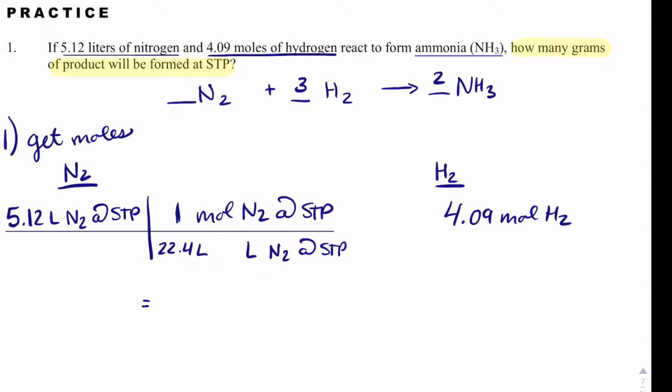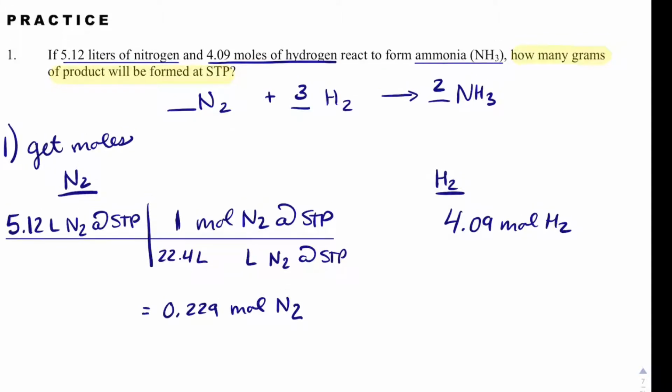So when I math that out, I get 0.229 moles of nitrogen. And right now, I have less nitrogen compared to hydrogen, but that doesn't tell me that nitrogen is going to run out first. Nitrogen may run out first, but I have to compare it to the situation that both of these are going in, which is the reaction.